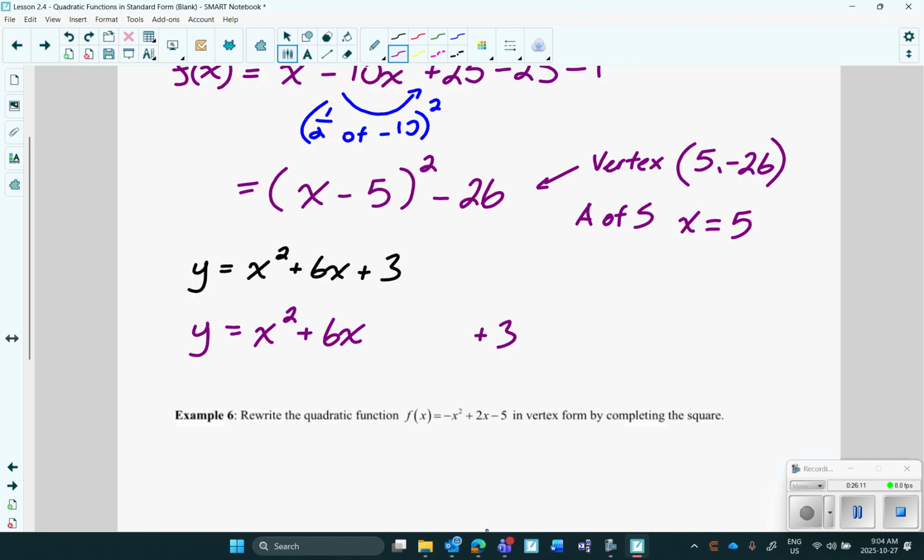What do I add and subtract? Plus 9 minus. This is the part that gets factored. What's this factor? (x + 3), yeah, squared minus 6. Good. Okay.